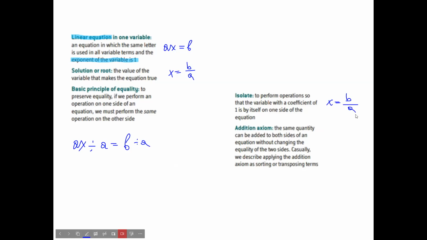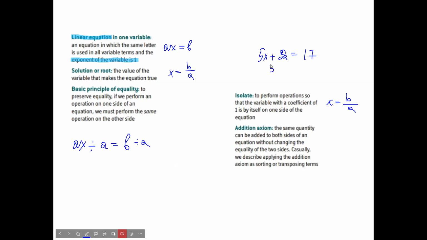Addition axiom. The same quantity can be added to both sides of the equation without changing the equality. Well, it's just coincidence that they are the same. So for example, if I have 5x plus 3 equals 17, let's make it 2, so it will look nice, right?